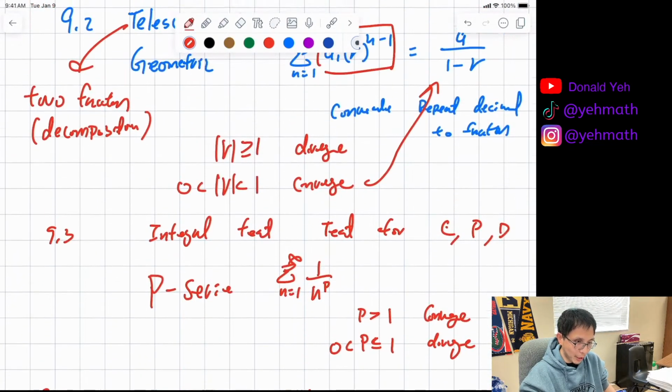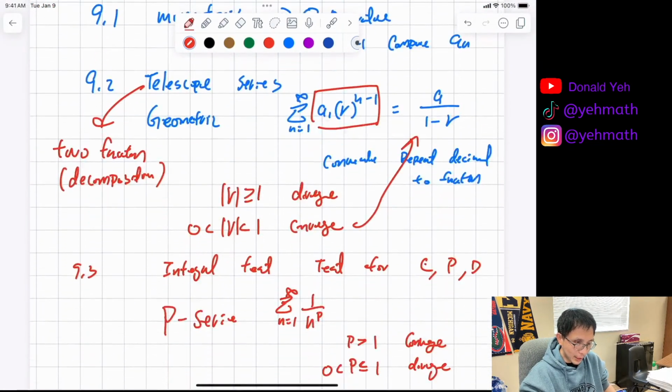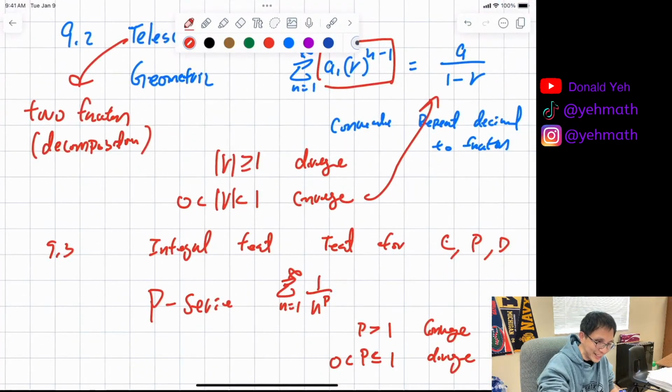Also, I did forget about two different types of series tests. In the telescoping section, we also learned about the nth-term divergence test. What is the nth-term divergence test? If the limit does not equal zero, it diverges.